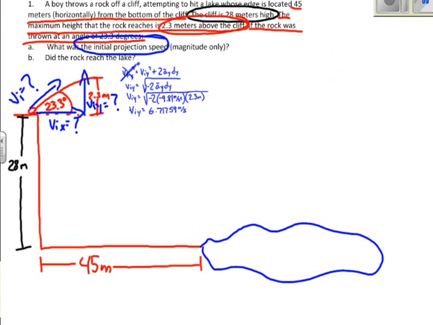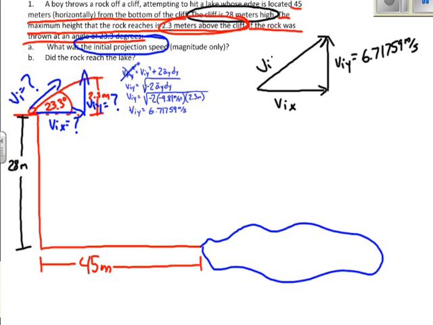Now, if we go back to our initial question about the initial speed at that 23.3 degree angle, I now have viy as 6.71759 meters per second. I know that it's a 23.3 degree angle, and since I'm looking for the hypotenuse, I'm going to use the sine function. Viy is my opposite, vi is the hypotenuse, so I set sine of theta equal to the opposite over the hypotenuse.